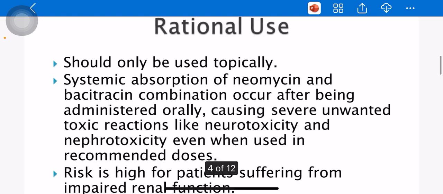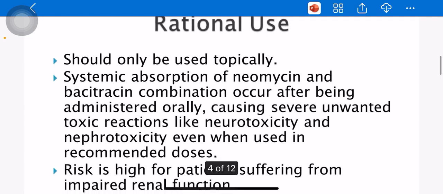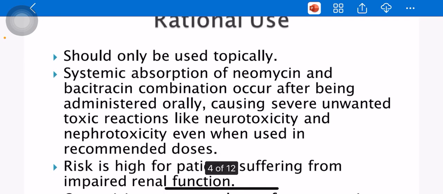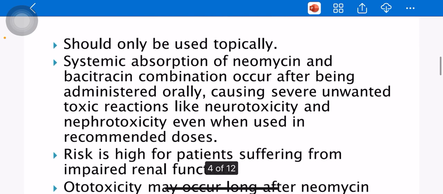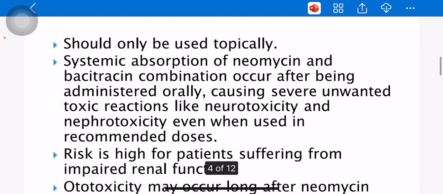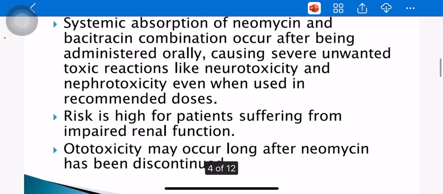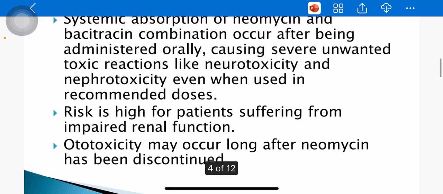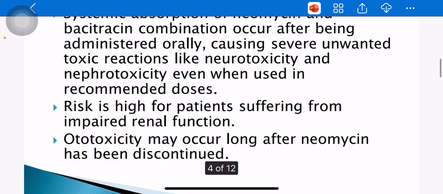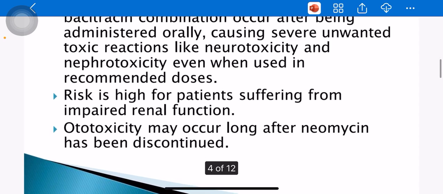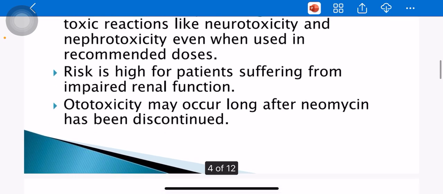After oral administration of bacitracin and neomycin, it's absorbed systemically, causing severe unwanted toxic reactions like neurotoxicity, including nephrotoxicity and ototoxicity, even though it's used in recommended doses. And the risk, of course, is higher for patients who are suffering from impaired renal function.